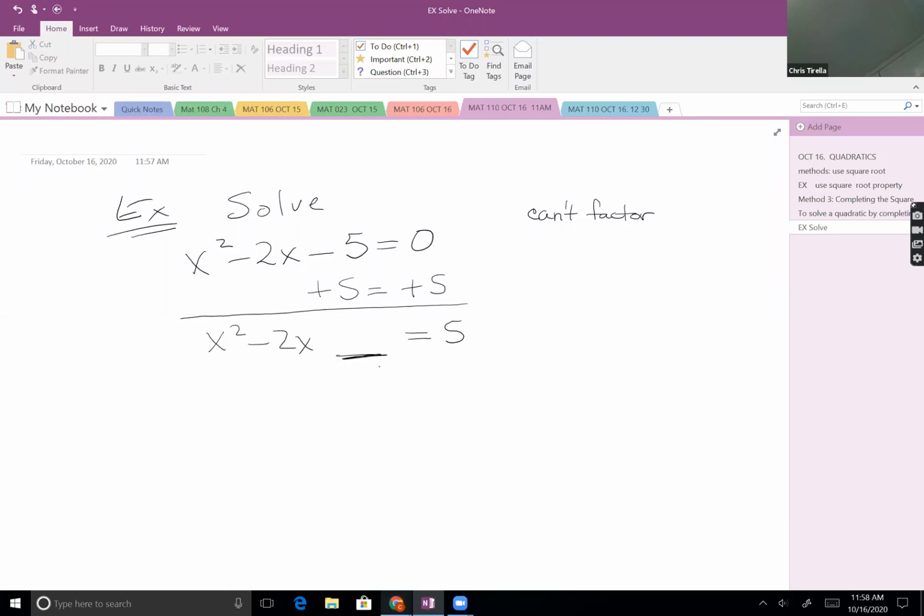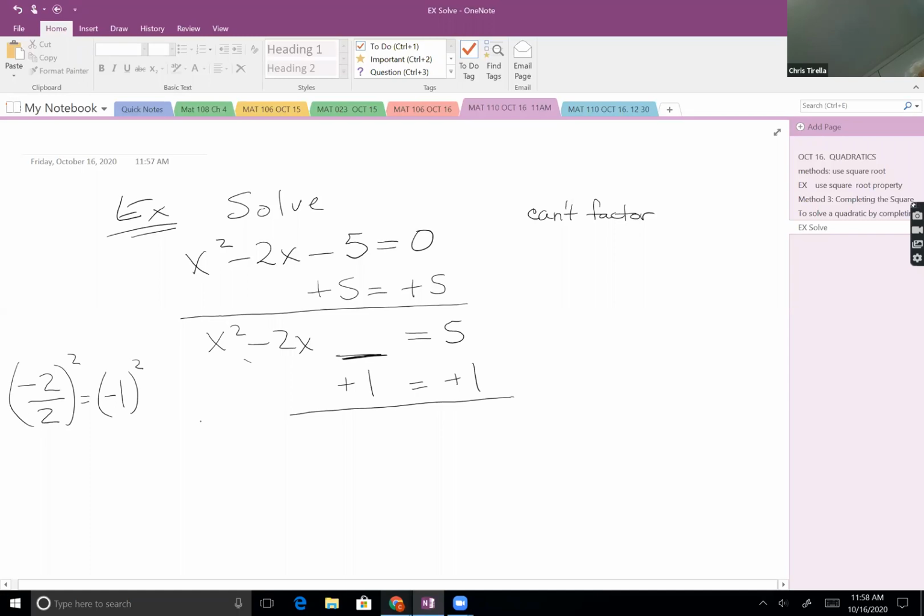What would I add to make that a perfect square trinomial? Okay, I always look at that x coefficient, negative 2. We're always going to divide it by 2 and square it. So that's negative 1 squared, which is 1.